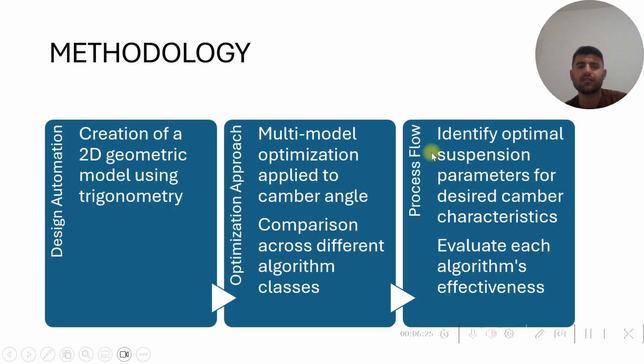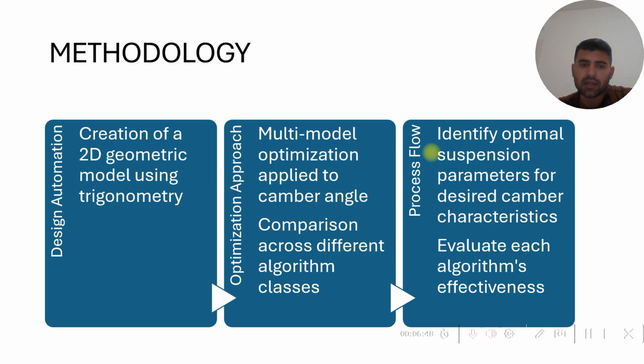Let's discuss our methodology. First, we will create a 2D geometrical model using some trigonometry for the camber angle and work out the overall design of the double wishbone suspension.